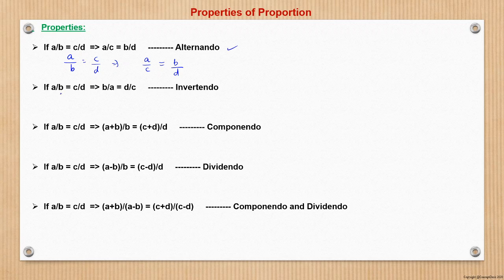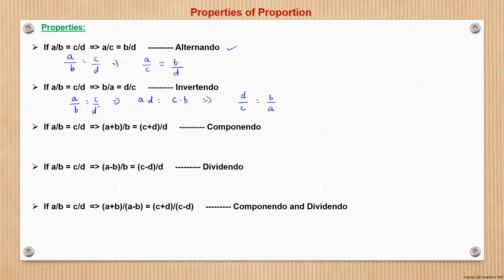Similarly, if A by B is equal to C by D, then we can write B by A is equal to D by C. If we cross multiply, we can write this as A into D is equal to C into B. Now I can retain D here and take C from here to the denominator, so D by C, and then this A I take to the denominator of the right hand side, it will become B by A. That is what is given.